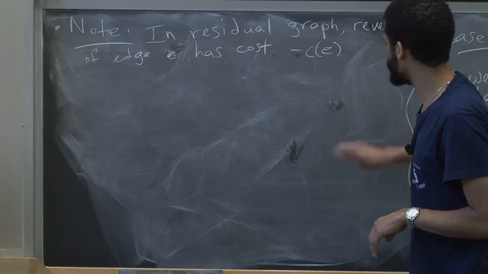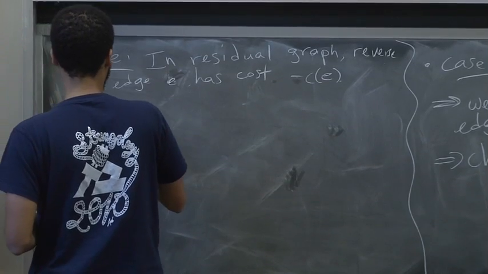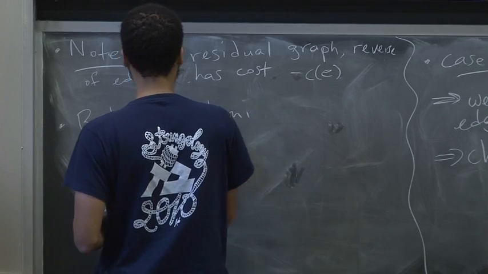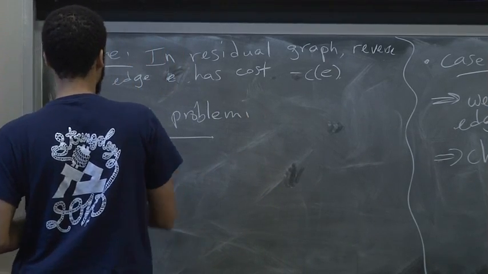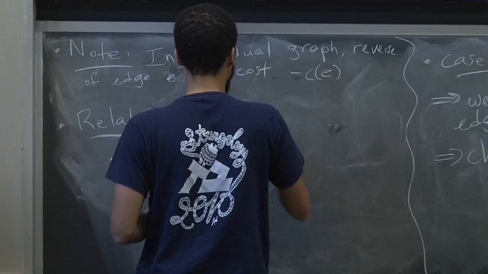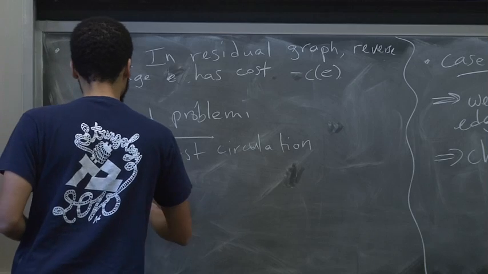A related problem is called min-cost circulation. What is a circulation?